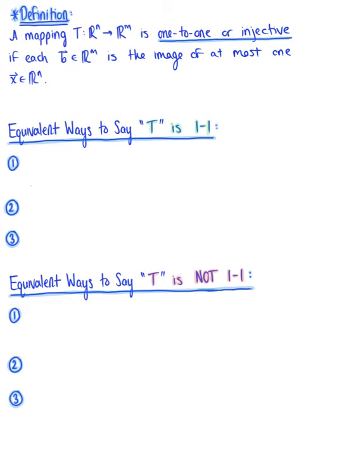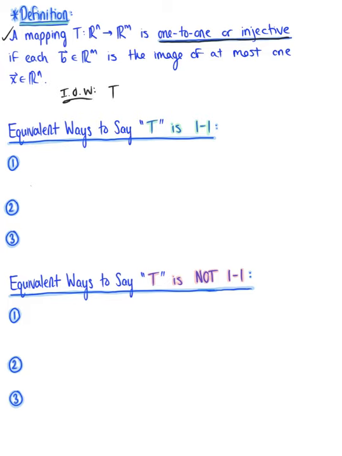The next definition that we are exploring together is that of one-to-one or injective mappings. So we say that a mapping T from Rn to Rm is one-to-one or injective if each vector B in the codomain Rm is the image of at most one vector x in the domain Rn. So in other words, what is this saying?